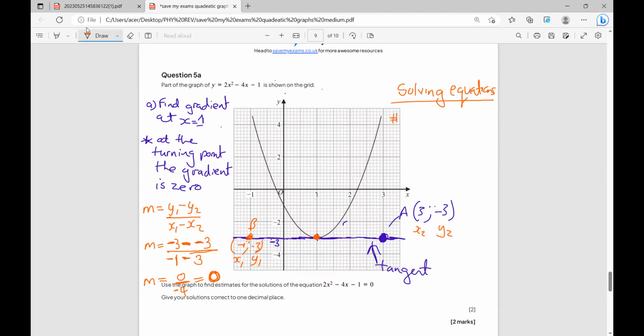To solve f of x equals 0, or y equals 0, or x squared plus 4 equals 0. This can be any equation, right? Any equation. Whenever you are being asked to find where the graph, or what you have plotted, is equal to 0, you are supposed to look at the point of intersection of the graph and the x-axis.